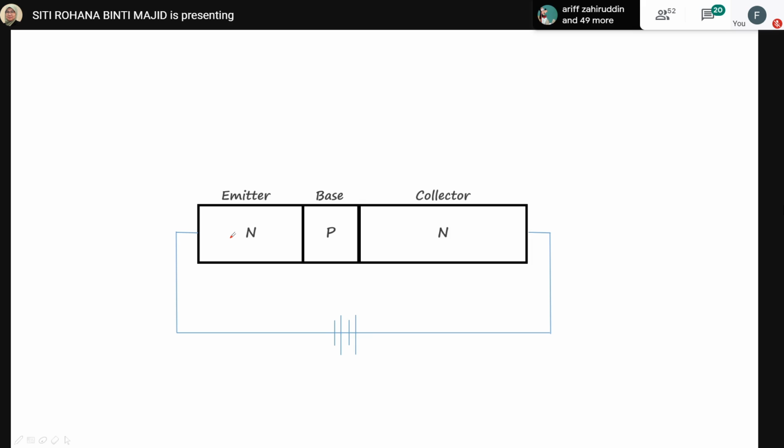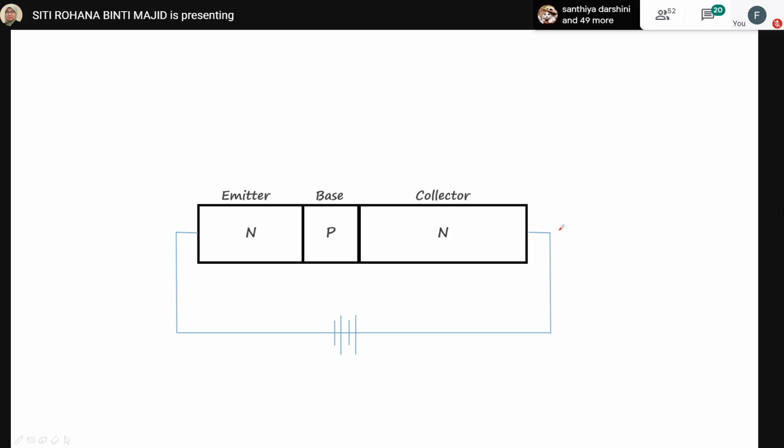So the emitter base junction will become forward biased, and the base collector junction will be reverse biased, because this one is attached to the positive terminal of the battery.